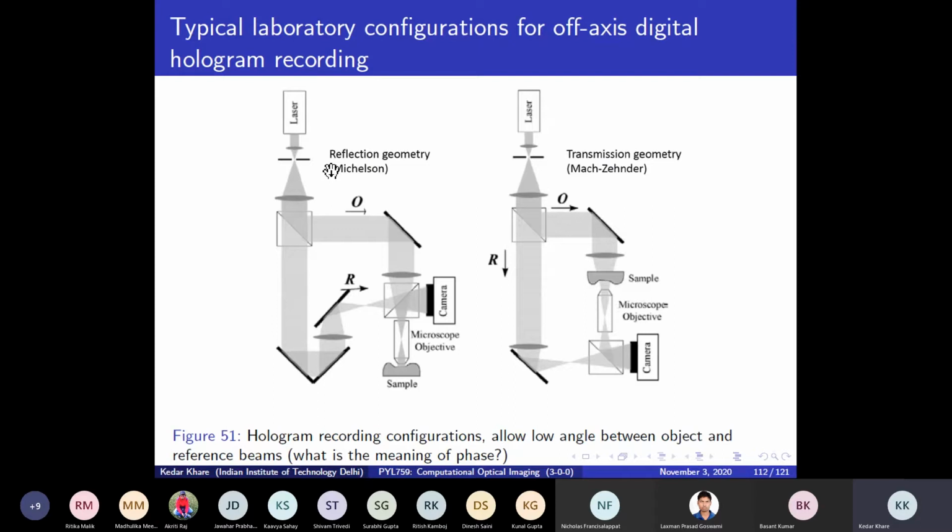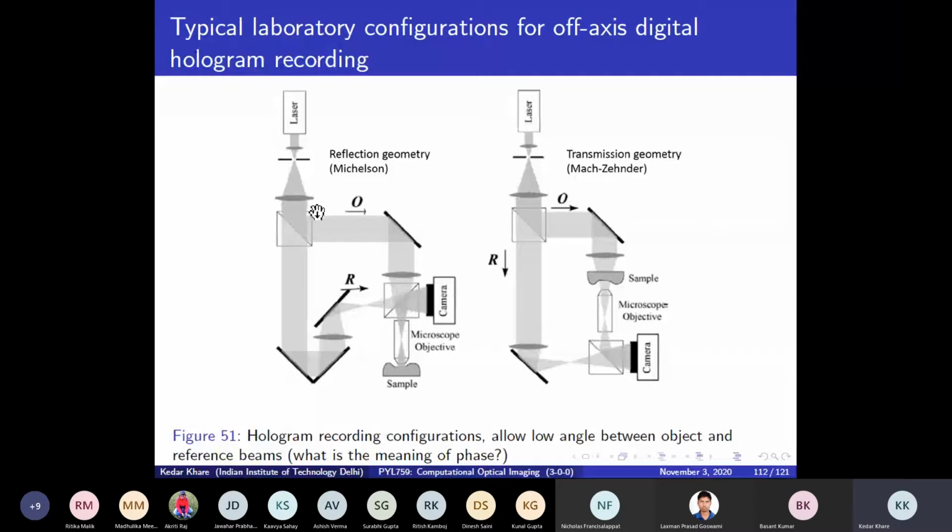So let's see how it works. Here you have a laser beam that is collimated. There is a pinhole and then a lens. And you split this into two beams. The first beam goes in and illuminates this sample. Some light is reflected back from the sample, which is collected and forms the object wave.